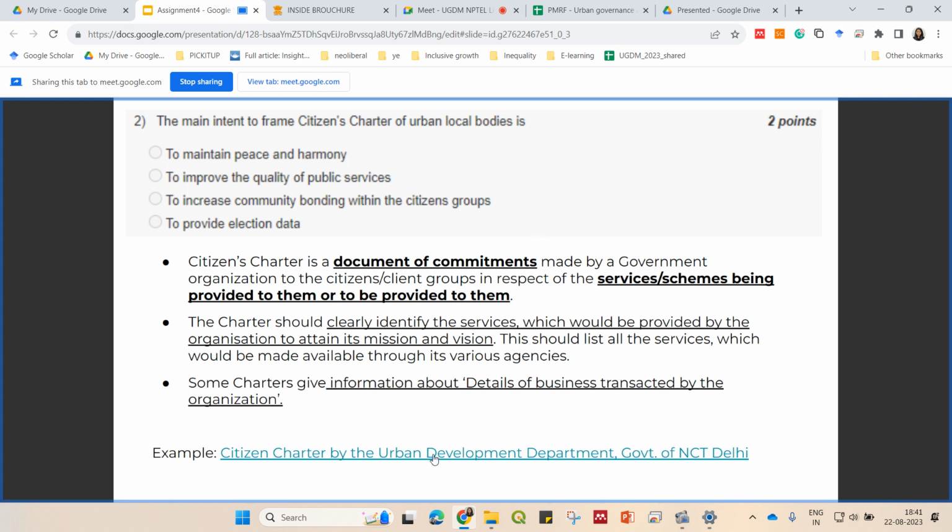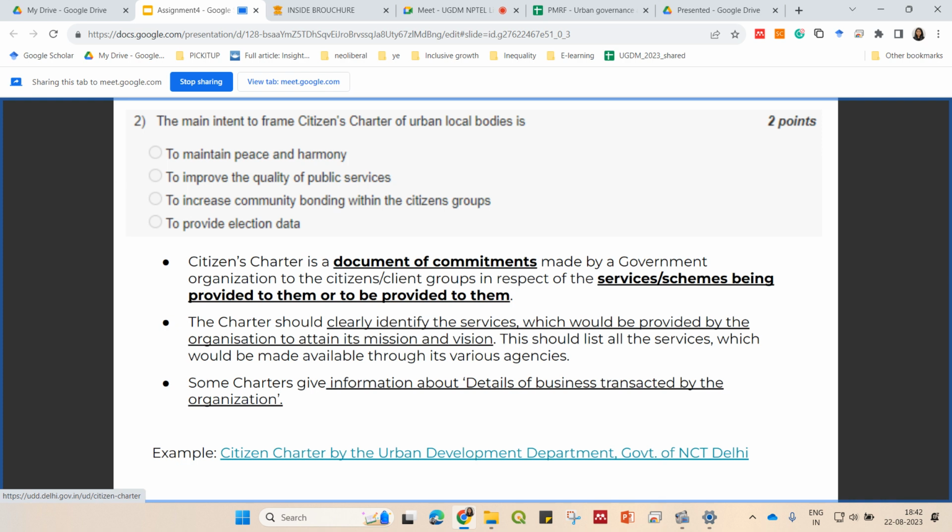I have given you an example of a charter. If even from this you are not really able to understand what the intent of a citizens charter is, I have given you an example. So this is a citizen charter which has been developed by the Urban Development Department of Government of NCT Delhi.